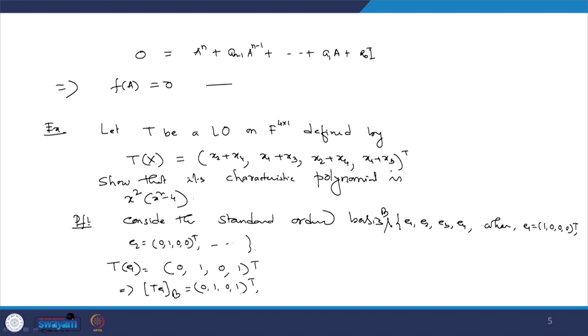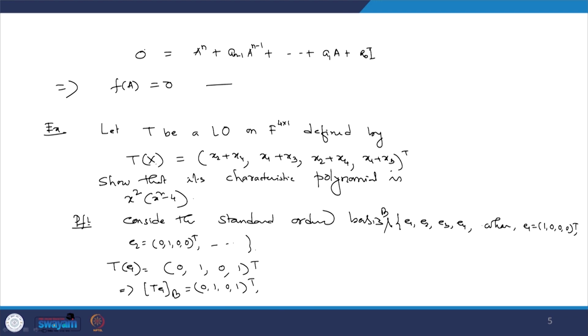Similarly, if I go for T E2, it will be equal to 1 0 1 0 transpose, and this implies the coordinate matrix of T E2 with respect to B will be again 1 0 1 0, please.